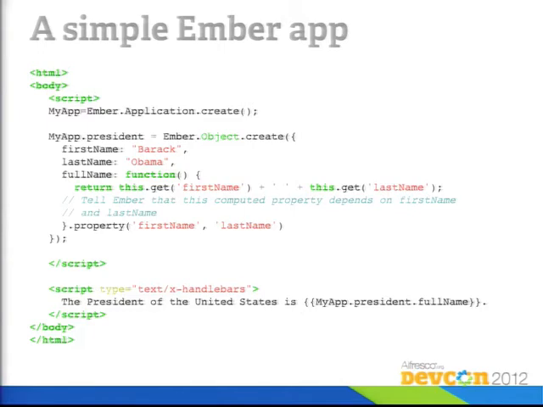So that creates an empty namespace. And now within the MyApp namespace, I'm going to add an object of type Ember Object, and assign it to the president property. And this object has a property called firstName, a property called lastName, and it's set to these values, and a computed property called fullName.